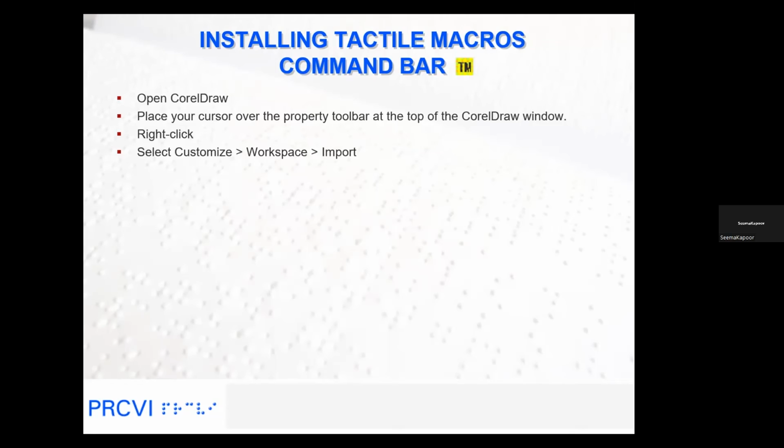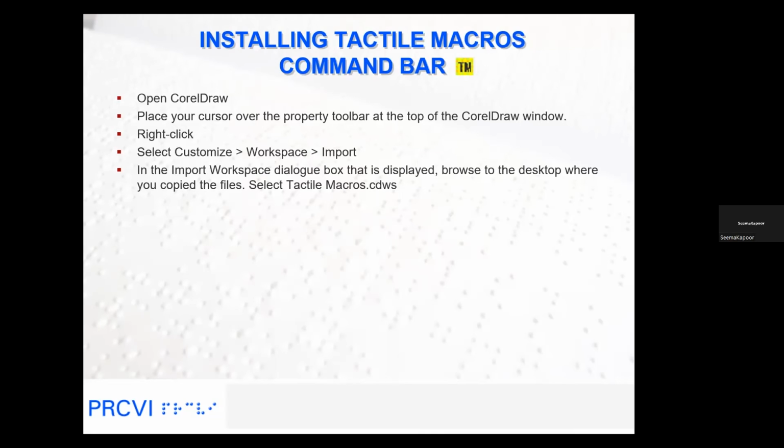In the Import Workspace dialog box that is displayed, browse to the desktop where you copied the files. Select the tactilemacros.cdws file. Click Open. Click Next. On the next display, make sure Tactile Macro is checked.